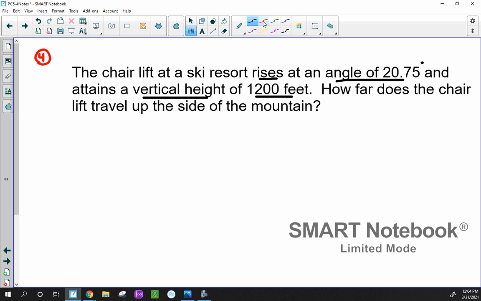And so what we want to do is create a picture. So we've got this chairlift. There's my seat, and it is rising at a 20.75 degree angle.